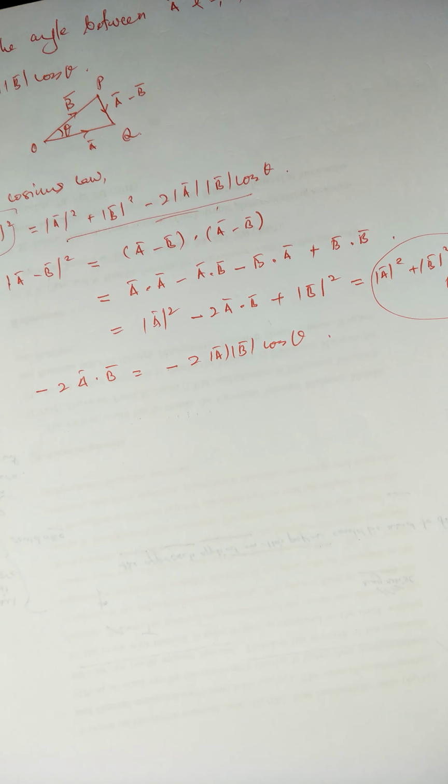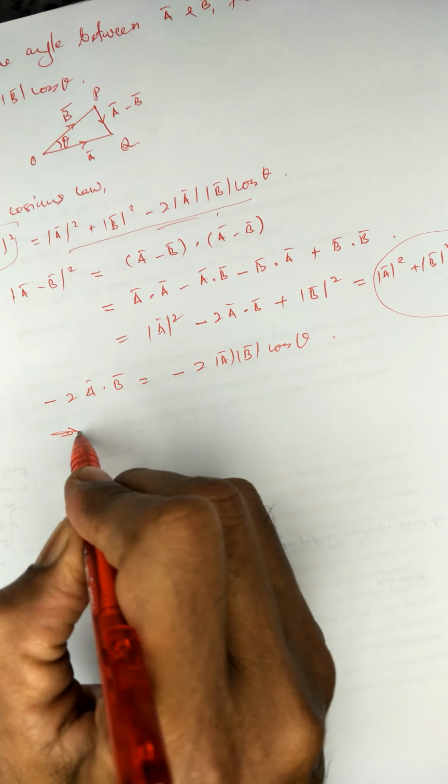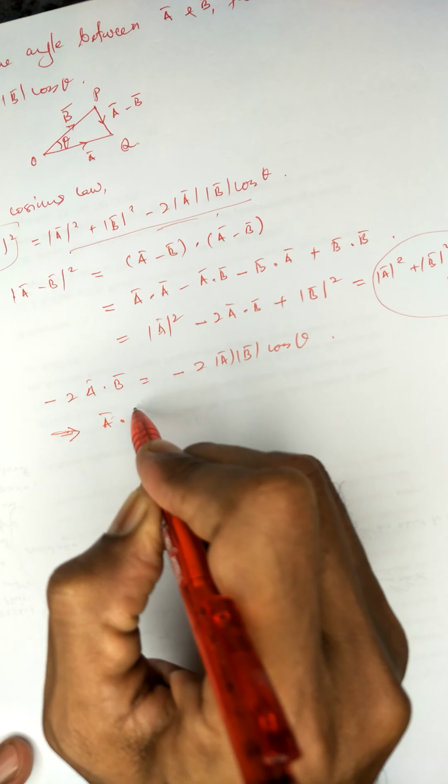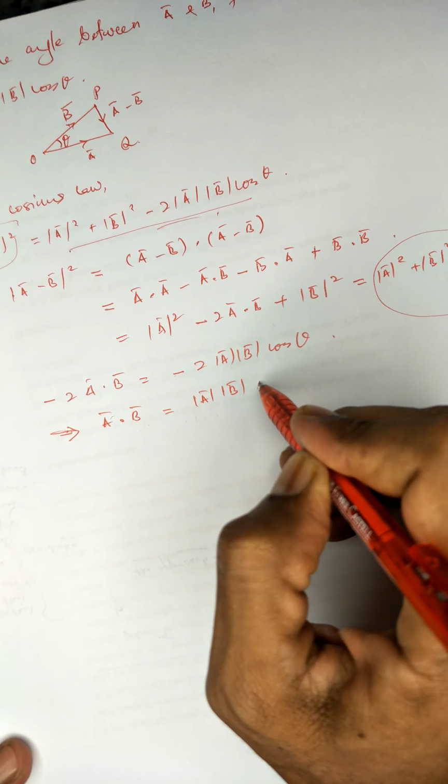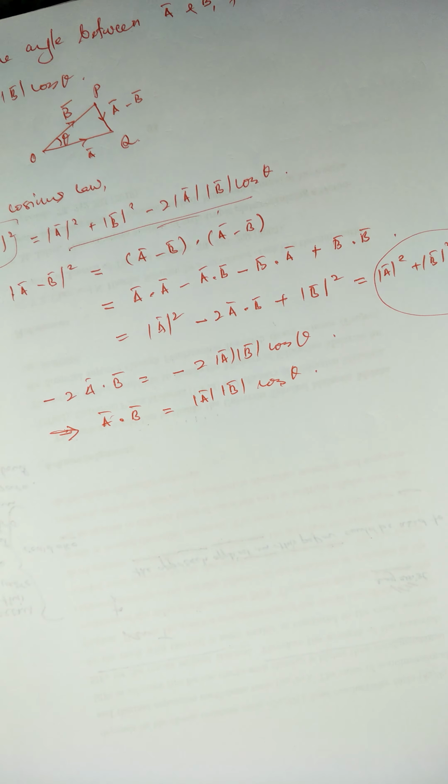Okay, so therefore we have a dot b is equal to |a||b| cos theta.